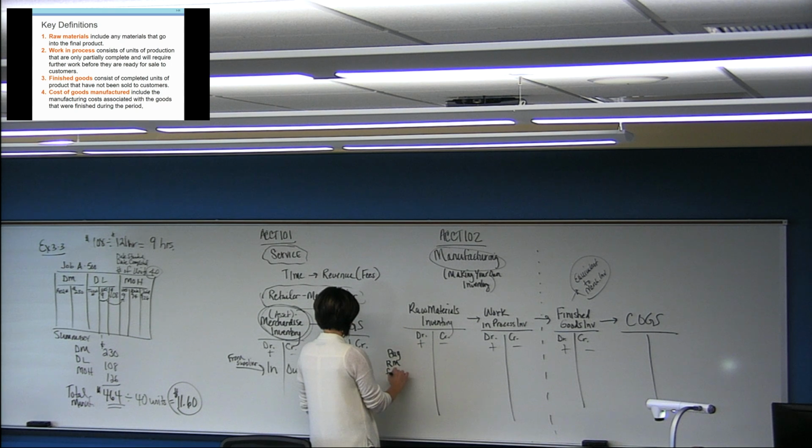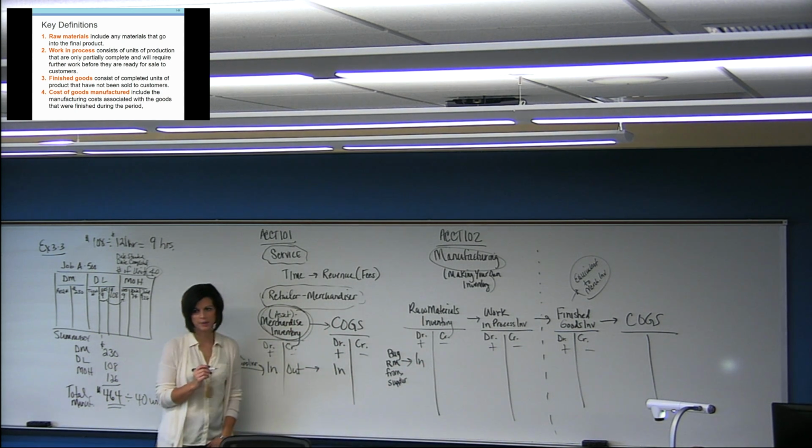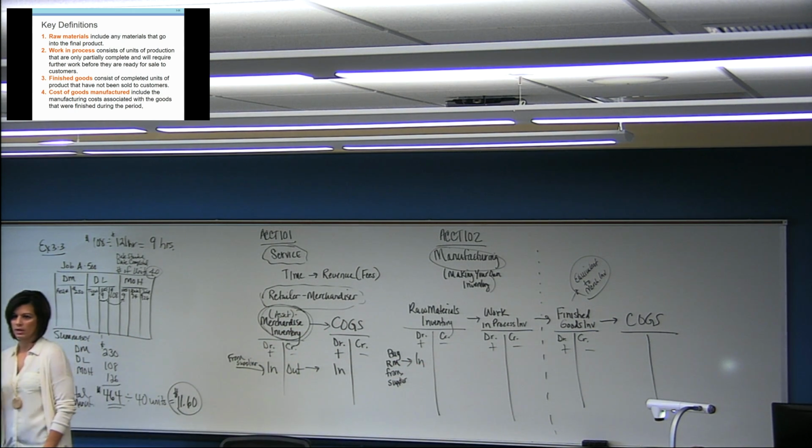from a supplier, they come in as a debit, okay? Raw materials can be direct or indirect. So you guys already know the definition of direct materials and indirect materials, right?